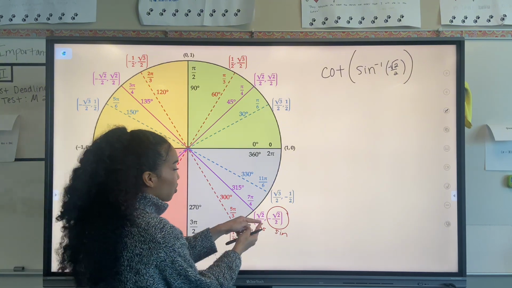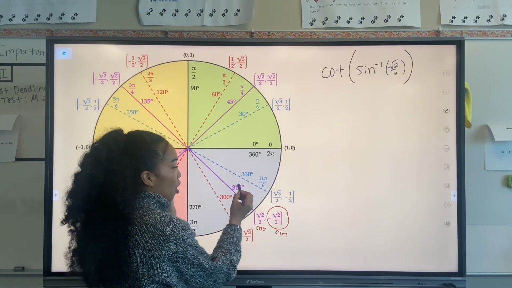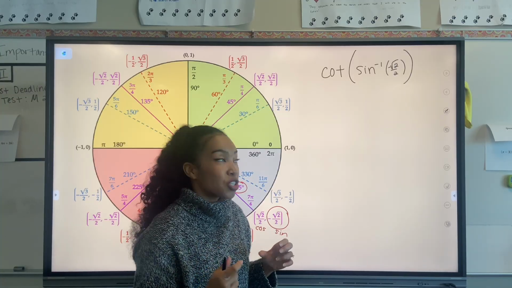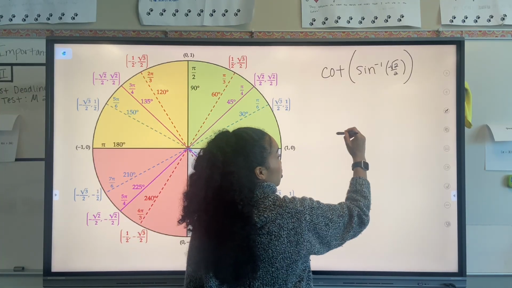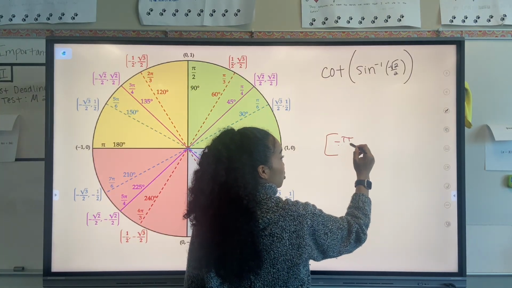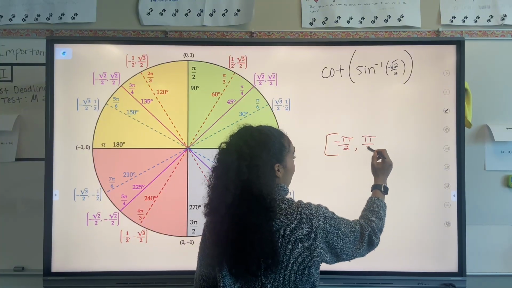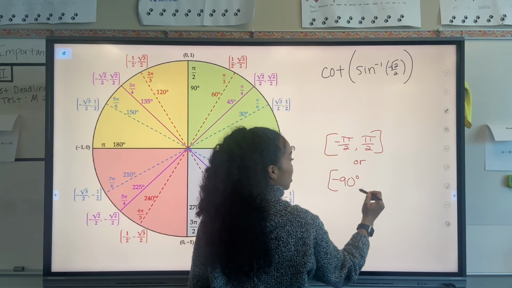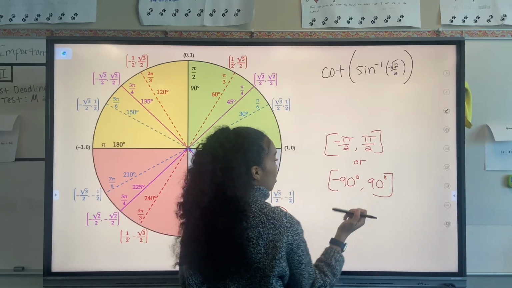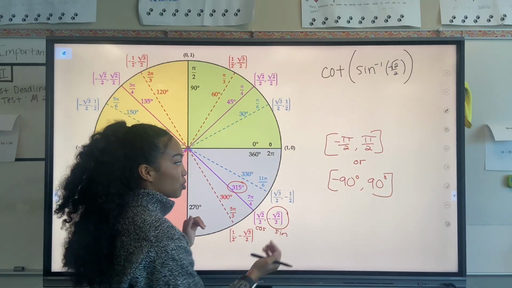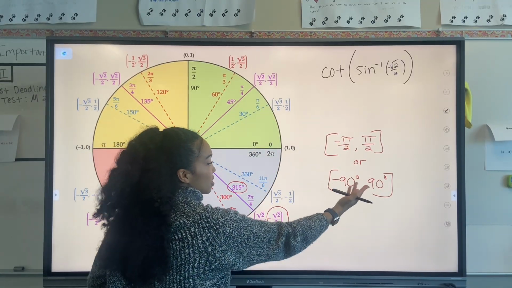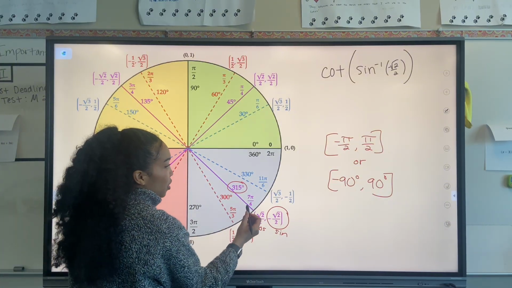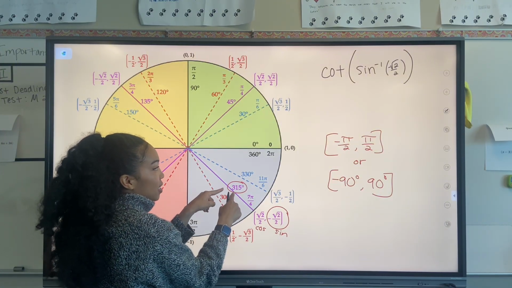So if you look at the unit circle, you might say, oh, it's 315, but you have to remember the range of sine inverse. You can only look between negative pi over 2 and pi over 2, or you can think of this as negative 90 degrees and 90 degrees. This is where your answer lies, between these numbers. So you can't say 315.